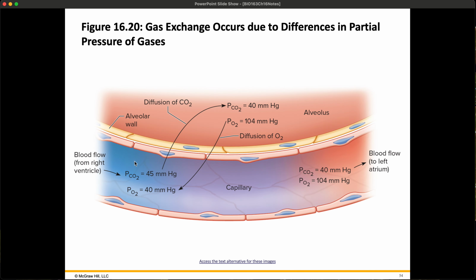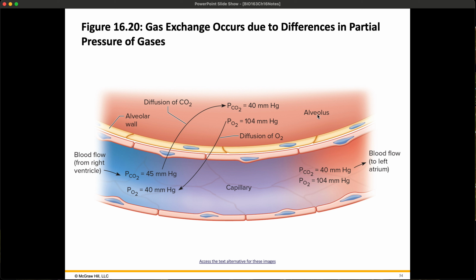Here's a nice little depiction of that. Coming from the right ventricle of the heart, in the pulmonary artery, your PCO2 is 45 and your PO2 is 40. So fairly low oxygen, and CO2 only changes about 5 here, but it is still higher than outside.